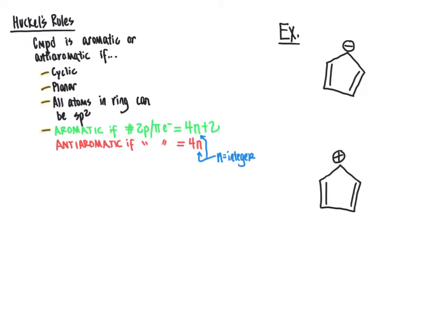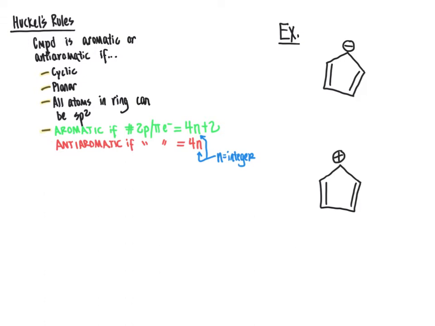As a reminder, I've posted Huckel's rules here in our upper left corner, where we say a compound will be aromatic or anti-aromatic if the molecule is cyclic, and if the atoms in the ring are planar, which generally denotes that the atoms of the ring can adopt an sp2 trigonal planar hybridization state.